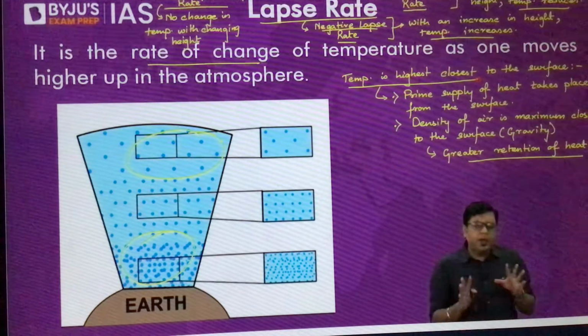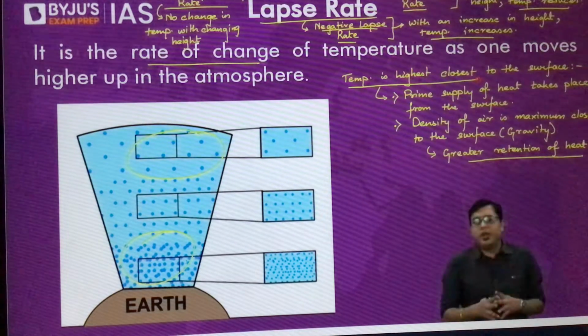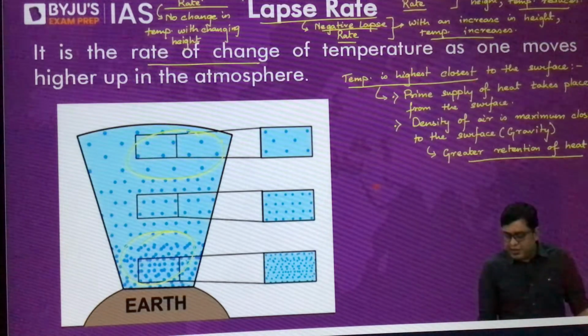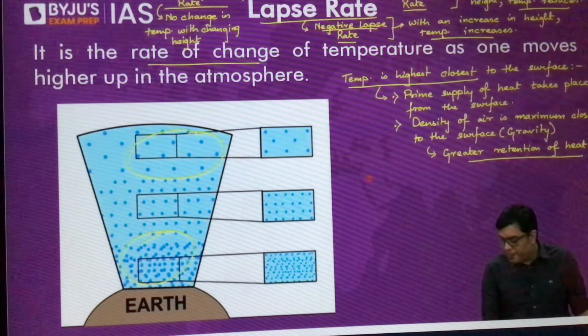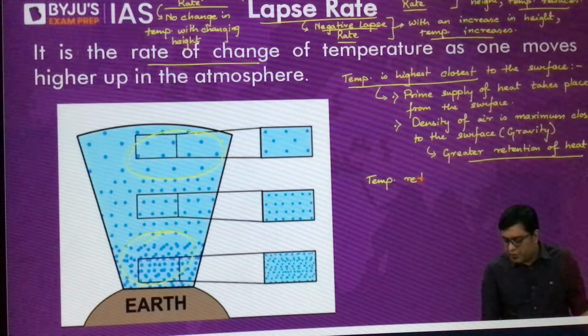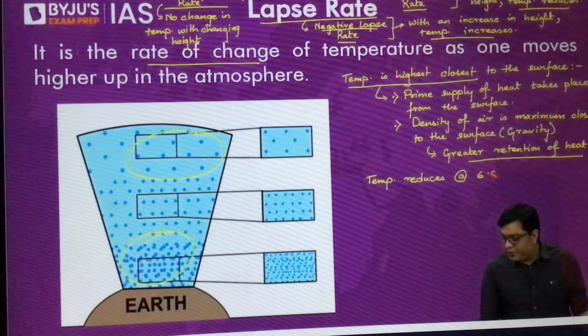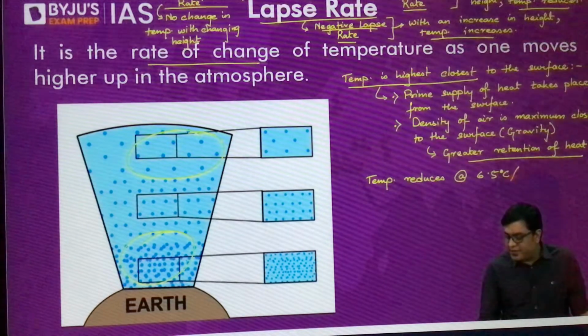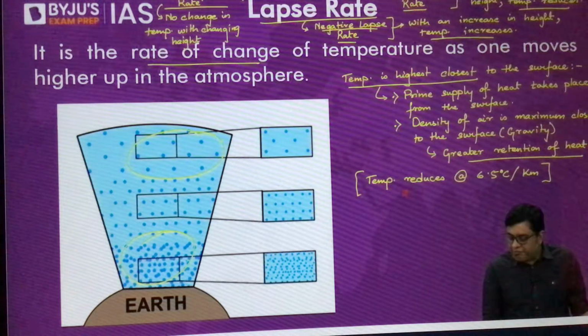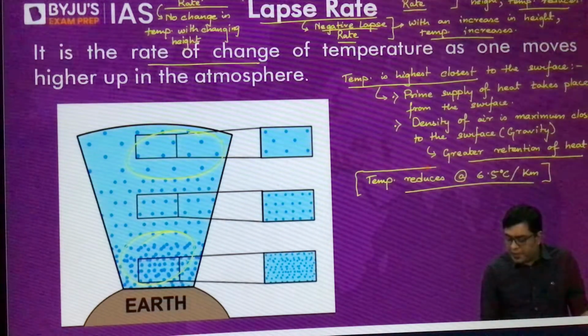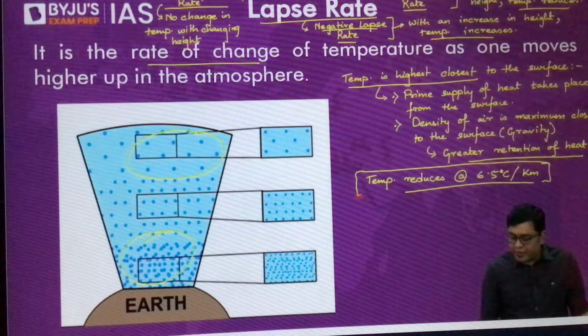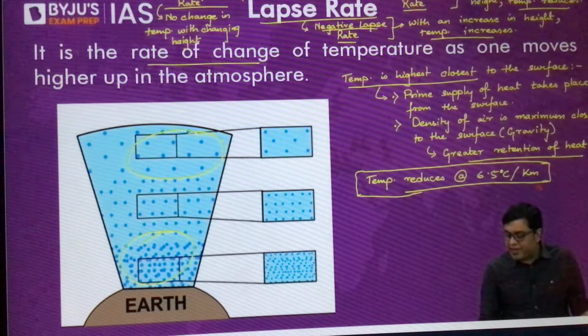Normally, under natural conditions, you will observe that temperature reduces at the rate of 6.5 degrees Celsius per kilometer. Every kilometer that you go up, the temperature tends to reduce by around 6.5 degrees Celsius.